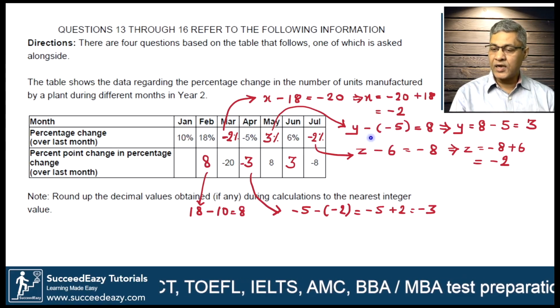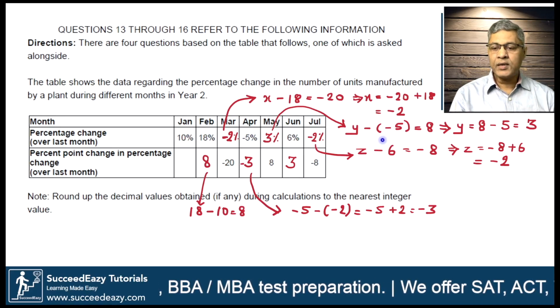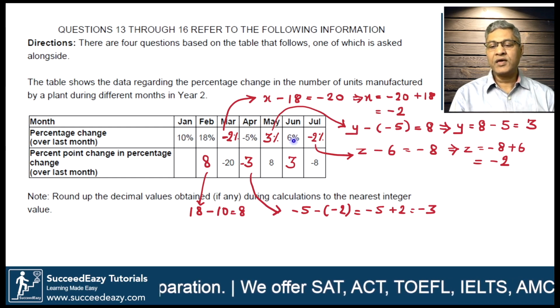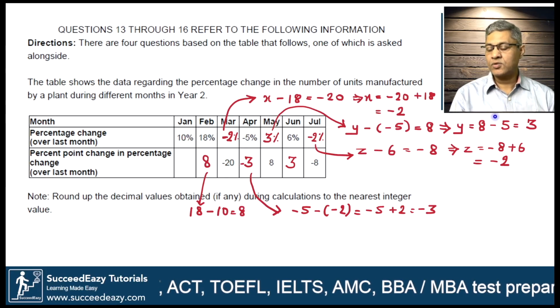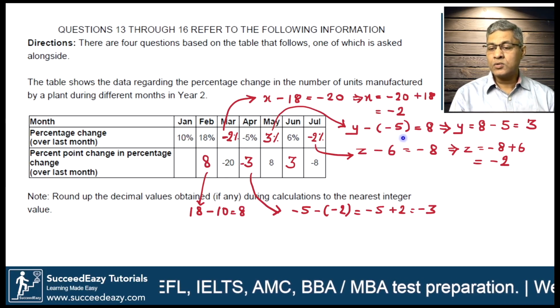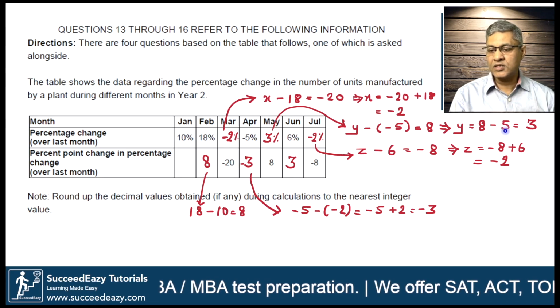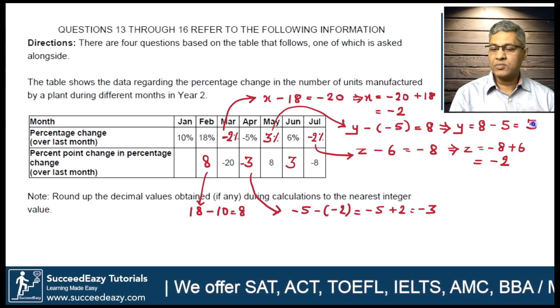You have to put that in brackets and then change the sign accordingly. So be careful. y minus of minus 5 is equal to 8, right? This is the 8 that I'm talking of. So y is equal to, here it will become plus 5, so when it goes on the other side, it becomes minus 5. So y equals 8 minus 5, that is 3%.